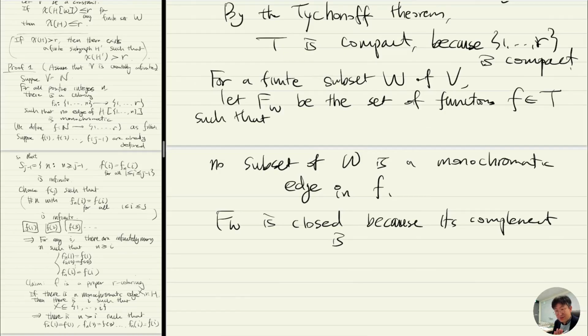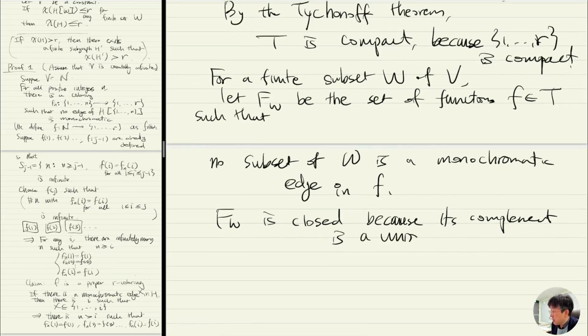And then you're taking a union of finitely many open sets, which is open. Yes, it is a union of finitely many open sets.